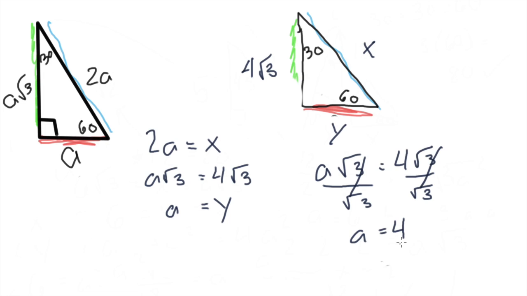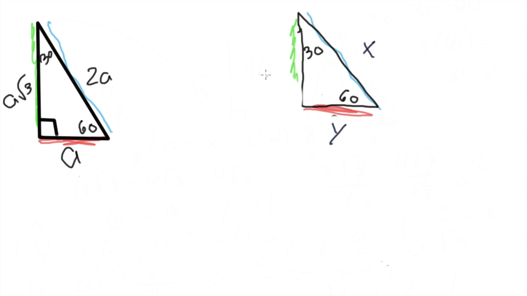Now we're going to plug this into our other equations. x is equal to 2 times a, so 2 times 4, and that's equal to 8. And y is just equal to a, so y is equal to 4. Let's try one that's a little bit harder.